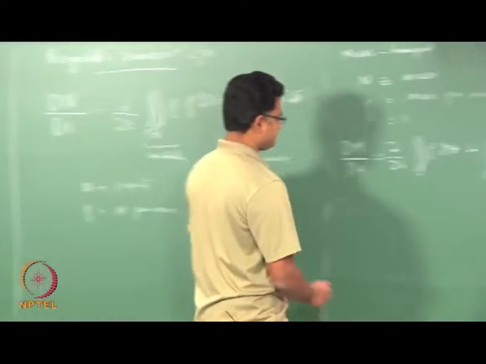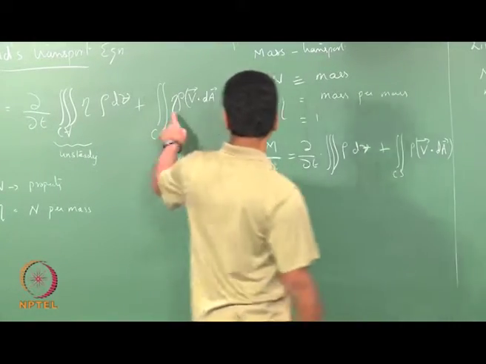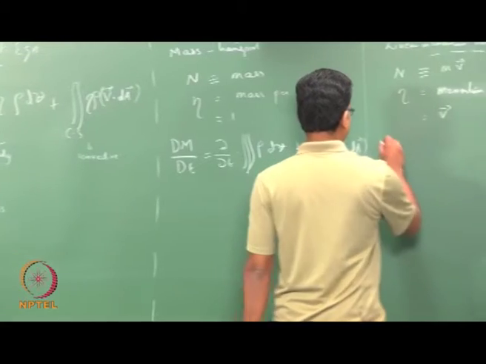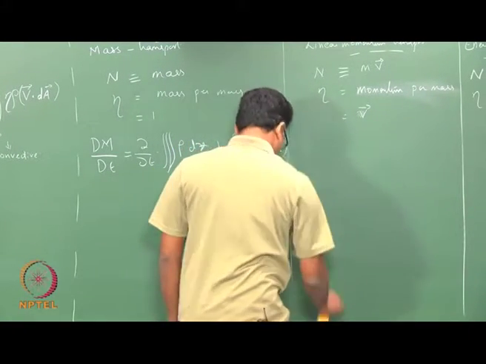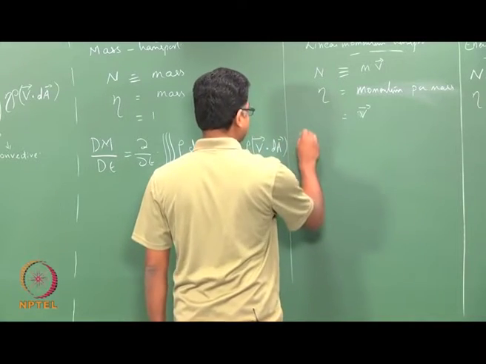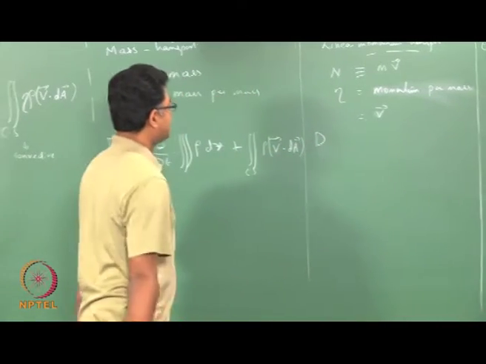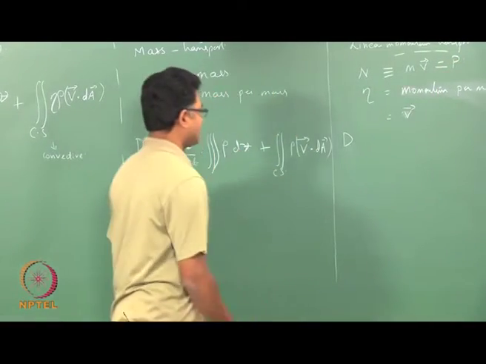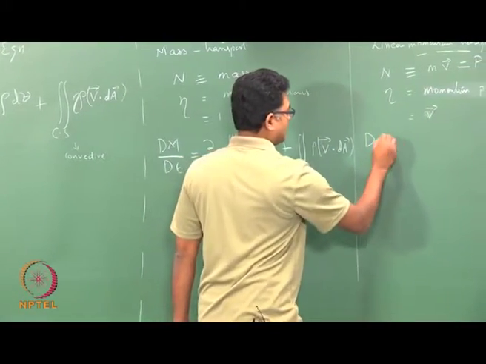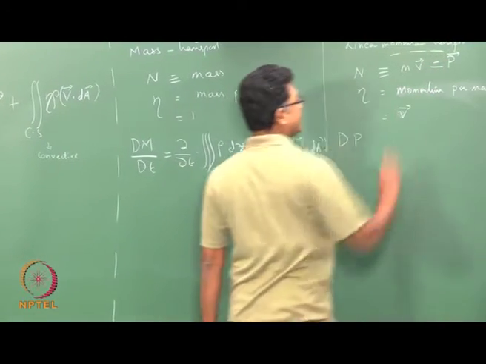If I substitute eta equals V here, we get the rate of change of momentum. Let us call this P. P is a vector.